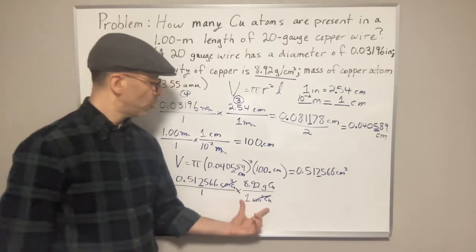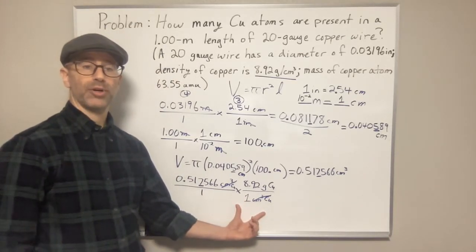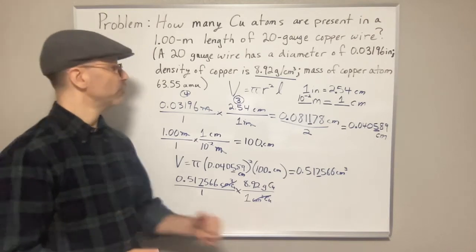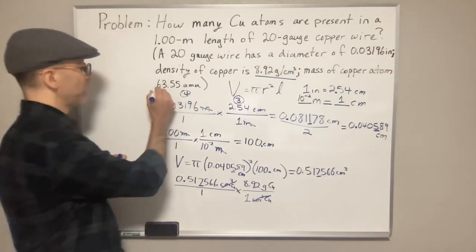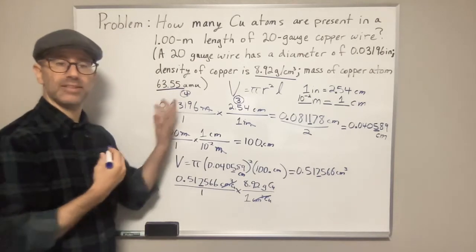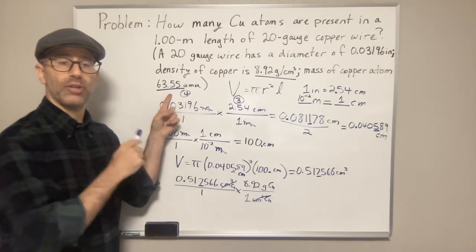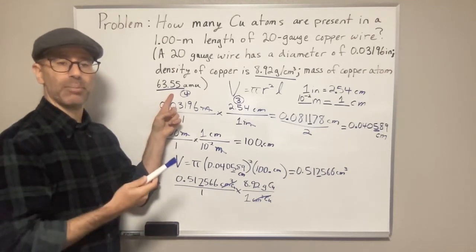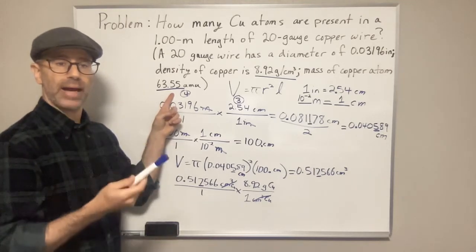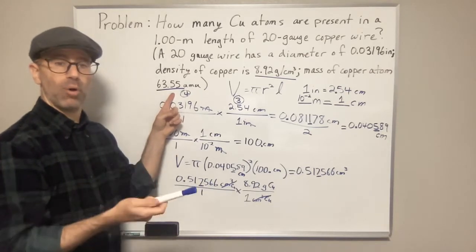Excellent. So what's next? So grams, we can now convert grams to moles using the molar mass. Where do we get the molar mass? From here. So this is the atomic mass of one atom. This is what you get in your periodic table. But if you know the atomic mass, the same number is the molar mass, and molar mass is the number of grams per 1 mole.